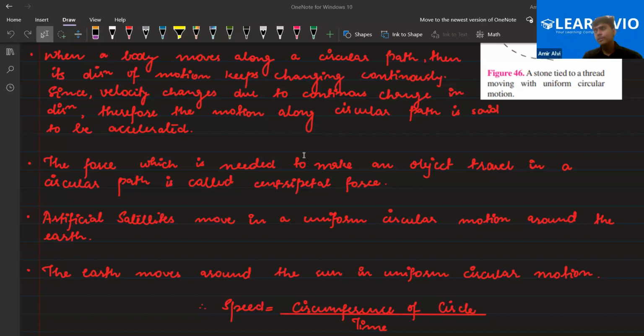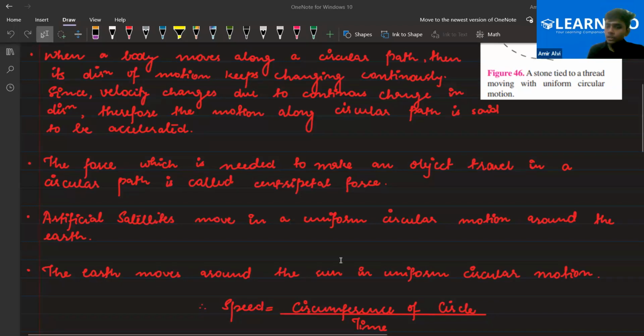It may be 365 and a quarter days, so somewhat like that, but it's a very exact calculation. It's completed in 365 days if we do not consider the leap year. So these motions are said to be accelerated due to the change in direction at every point. An artificial satellite moves in uniform circular motion around the earth.